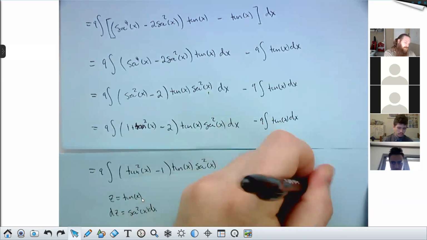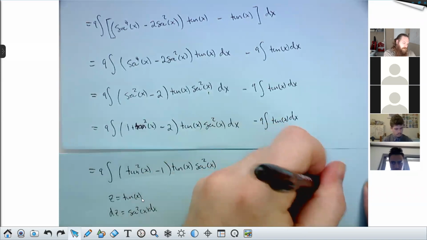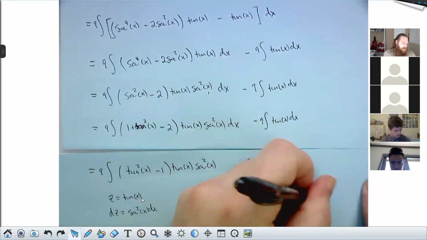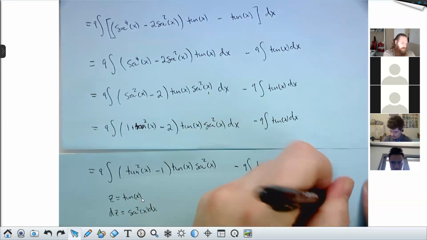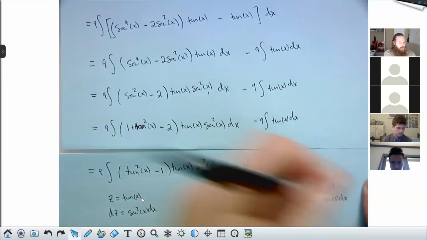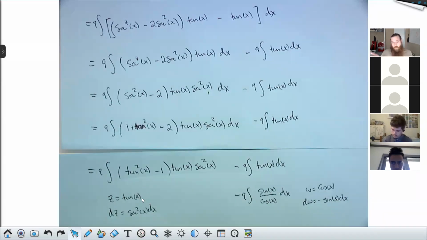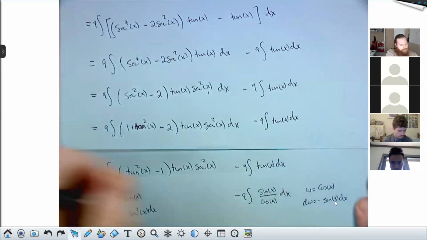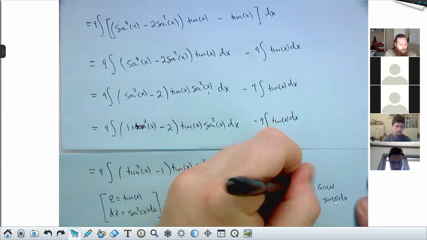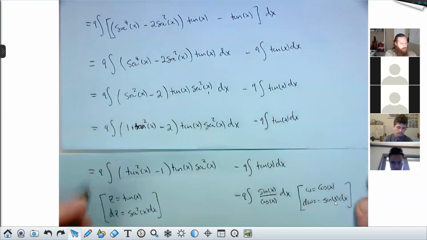So in this one, I would substitute w equals cos x, dw is negative sine x dx. Really, the integral of tangent is one that we should just know. We shouldn't really have to work this out. But in case you forgot where that comes from, this is where that comes from.